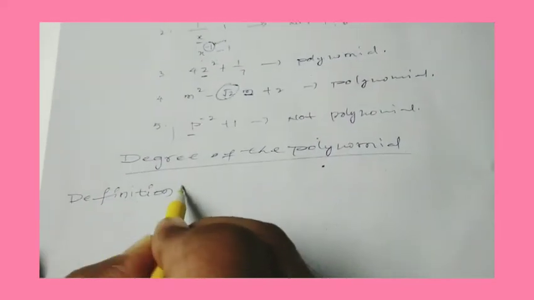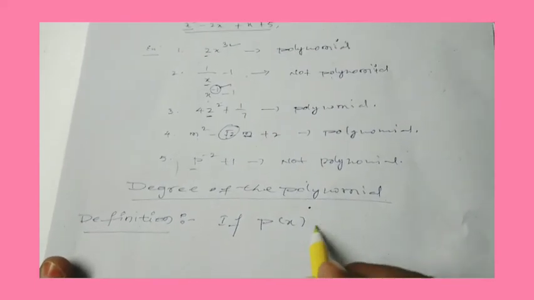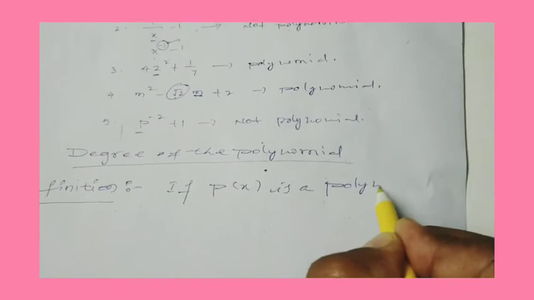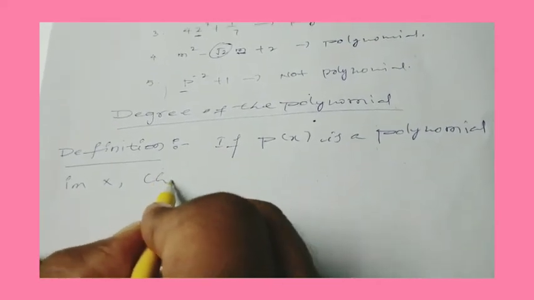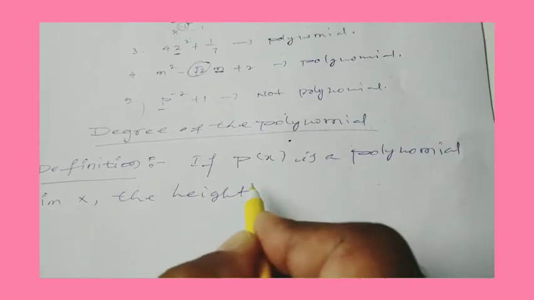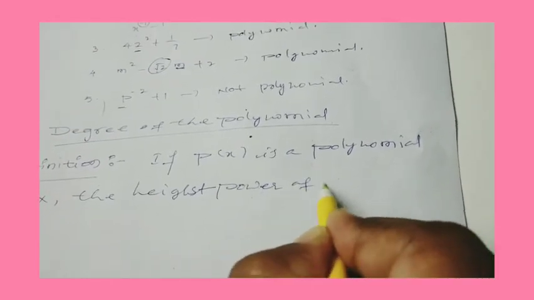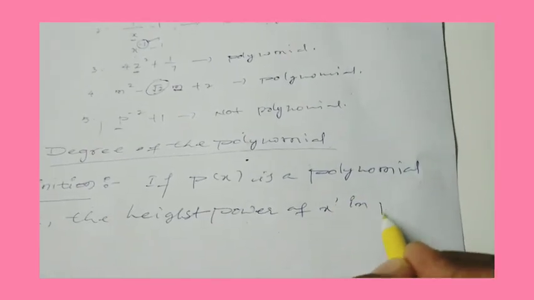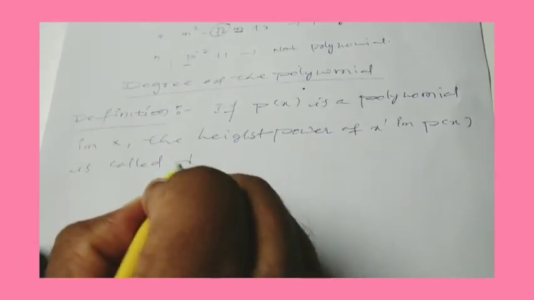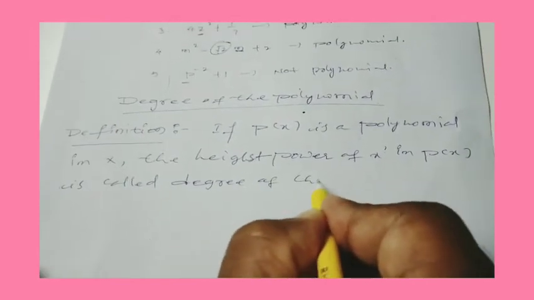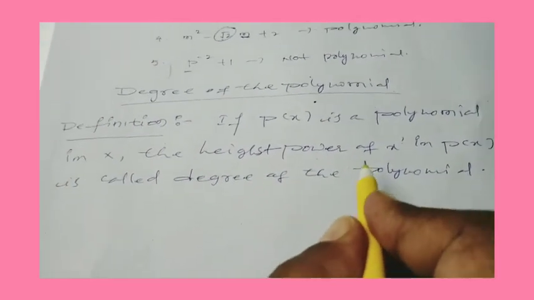Definition of the degree of the polynomial: if p of x is a polynomial in x, the highest power of x in p of x is called the degree of the polynomial. Okay.